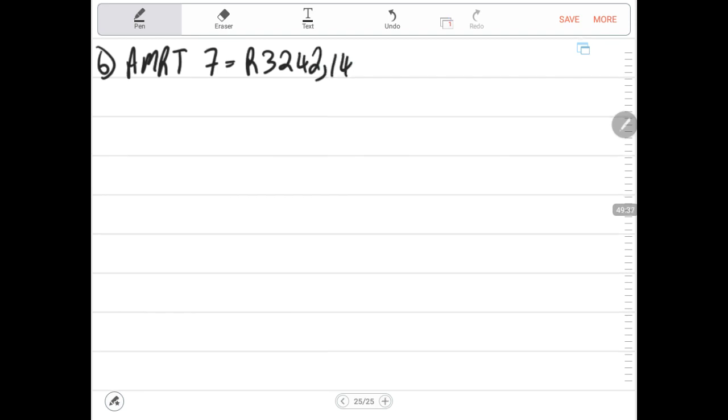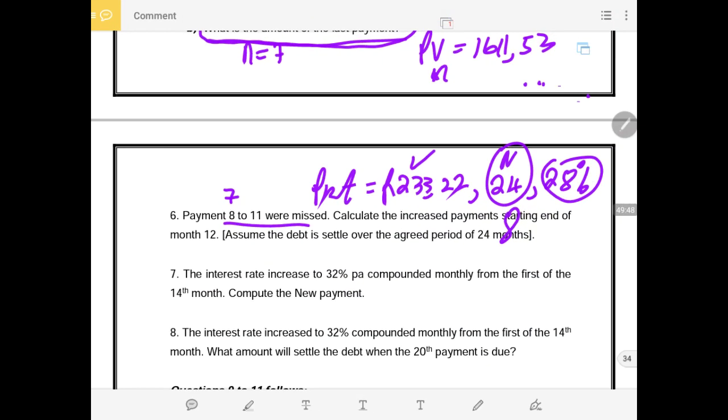This gives us the balance after the 7th payment was made. Remember, payment number 8, number 9, and number 10 and up to number 11, they were missed. So now the fact that these payments were missed does not mean that the interest was not accumulated. The interest was still accumulated, so hence we need to accumulate interest for the following months.